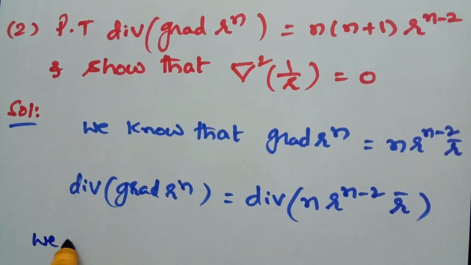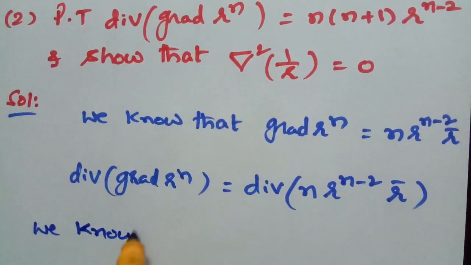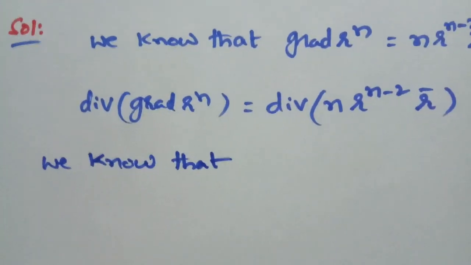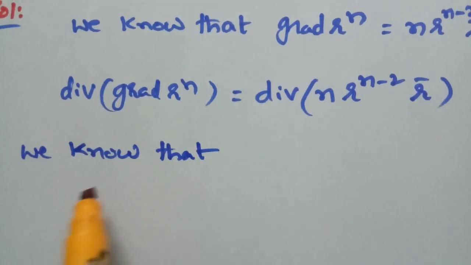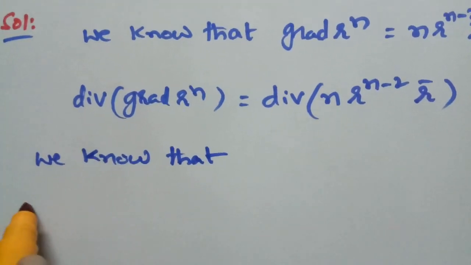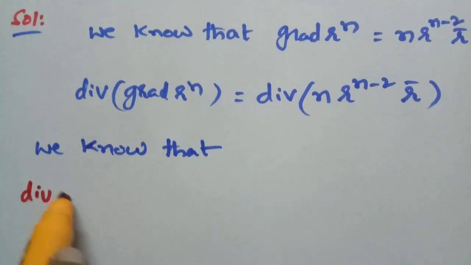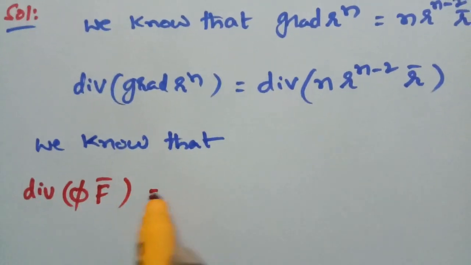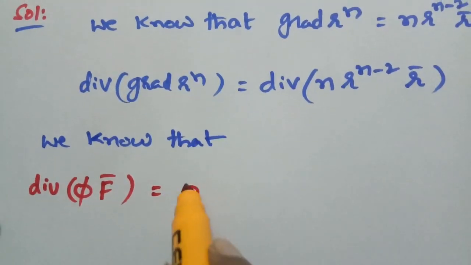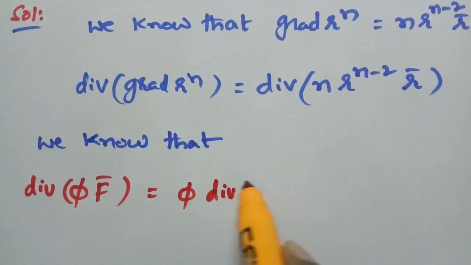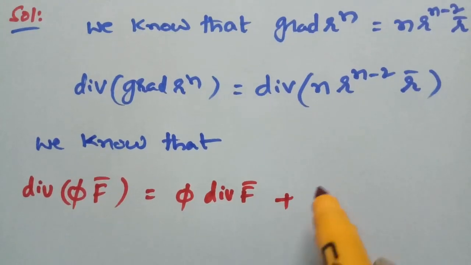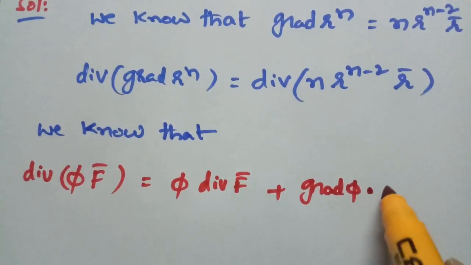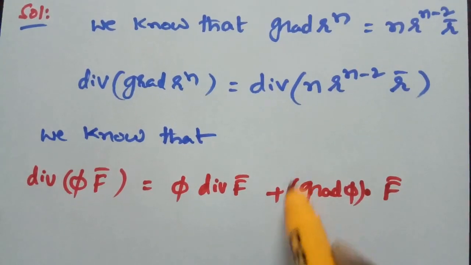We know that divergence of phi into f bar is equal to phi into div f bar plus grad phi dot f bar.